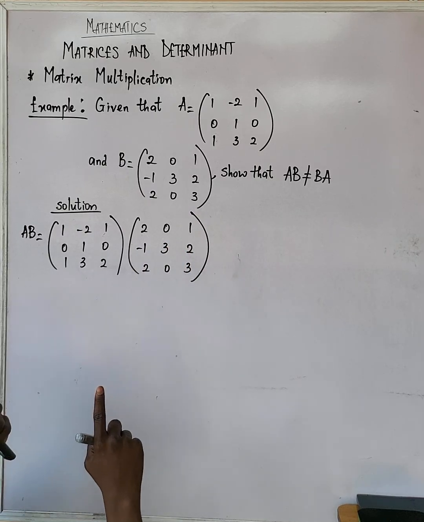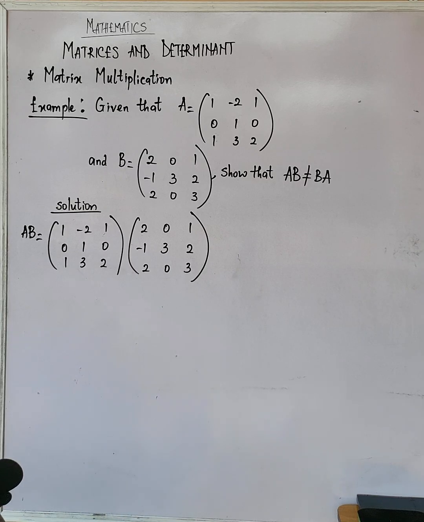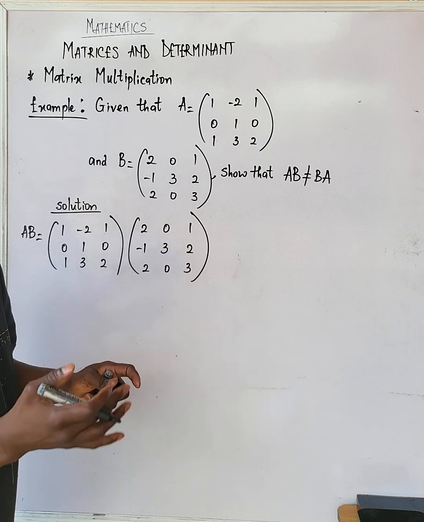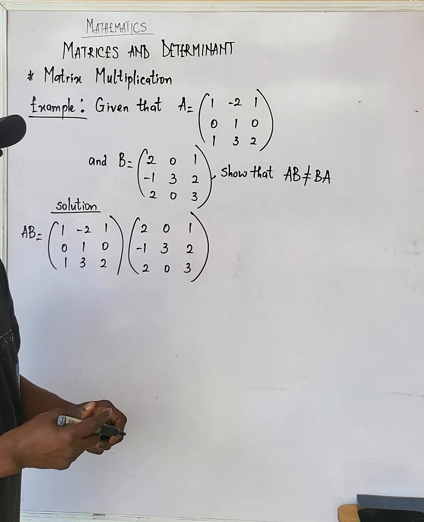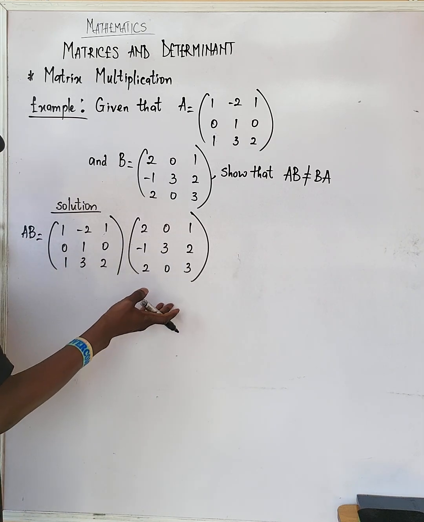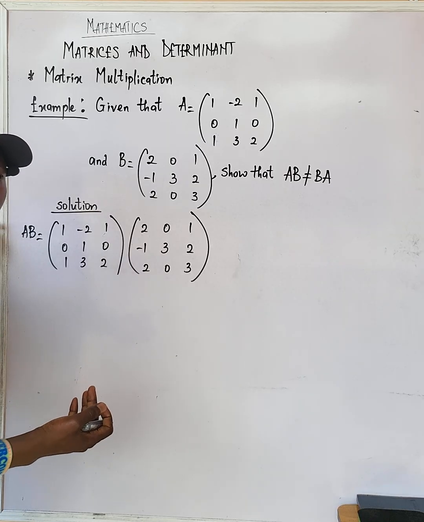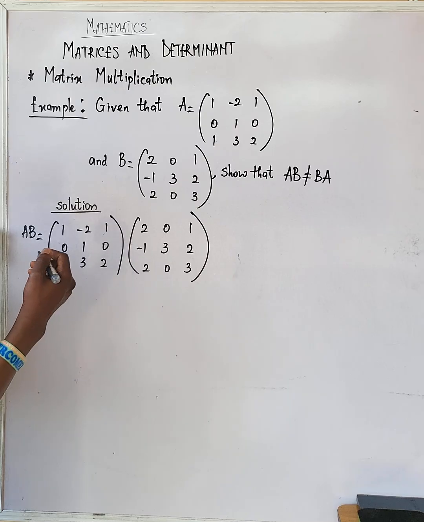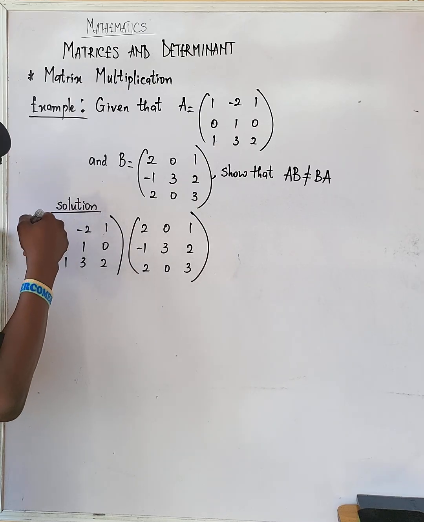Please take note of something again. Matrix multiplication can be done even when both matrices do not have the same number of rows and columns. I can have 3 by 3 here and 2 by 2 here, and matrix multiplication will go. I can have 3 by 2 here. It does not necessarily mean they have the same number of rows and columns.